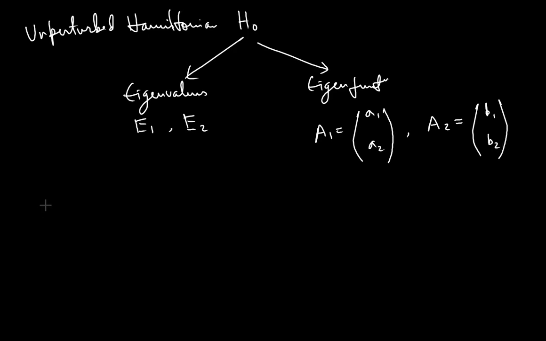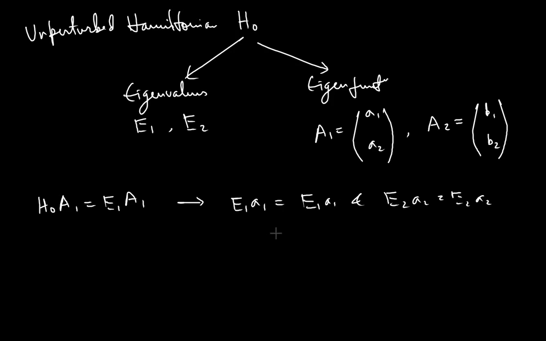Now note that H0 A1 is equal to E1 A1, right? So basically we have E1 into A1 is equal to E1 into A1, and 0 into A2. Now this is satisfied when A1 is arbitrary and A2 is equal to 0.